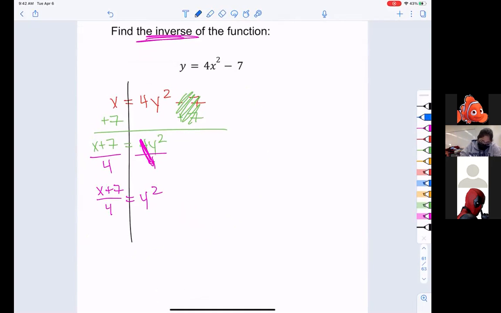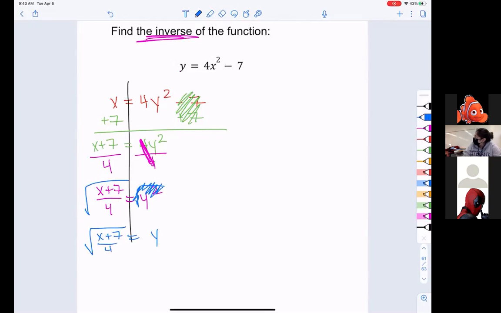We're going to square root on one side, right? Just one side, Brian? Yeah, one side. Just one side? No, both sides. Anything you do to one side, you do to the other. So remember, this goes away. You have y equals square root of x plus 7 divided by 4.